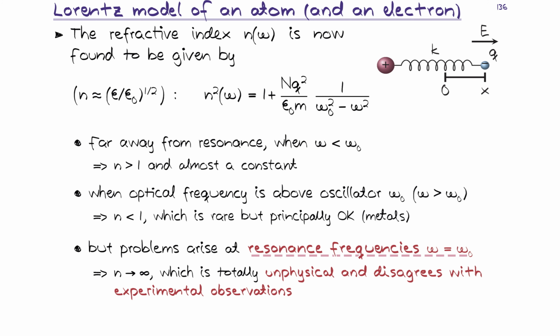Because it's really hard to come up with materials that have a high refractive index. High refractive indices are of the order of, for example, 3 or 4 or slightly higher if you go into exotic materials, but we never find materials where the refractive index goes close to infinity.